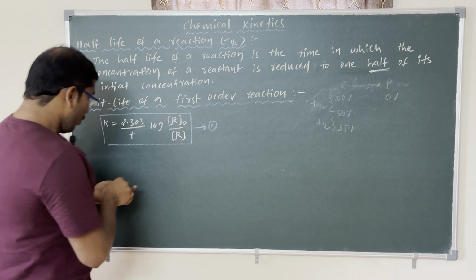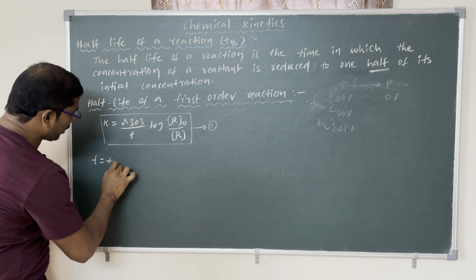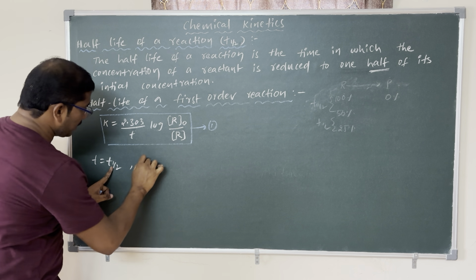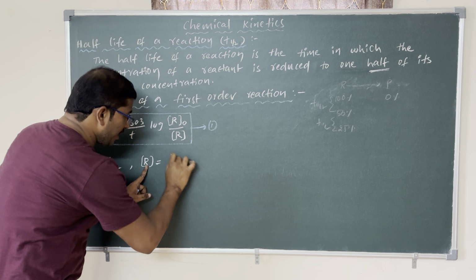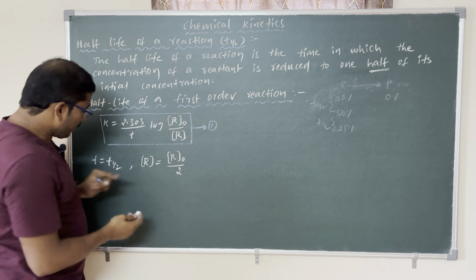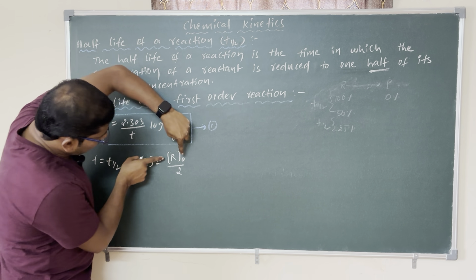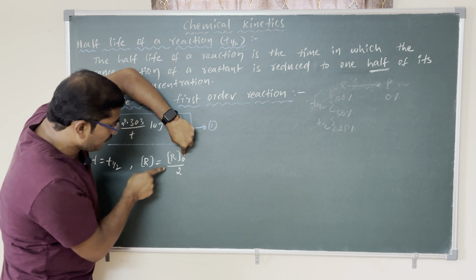Now, what are the conditions for half-life? T is equal to T half. The time should be taken as T half, and the concentration of reactants, from its initial concentration, is divided by 2.